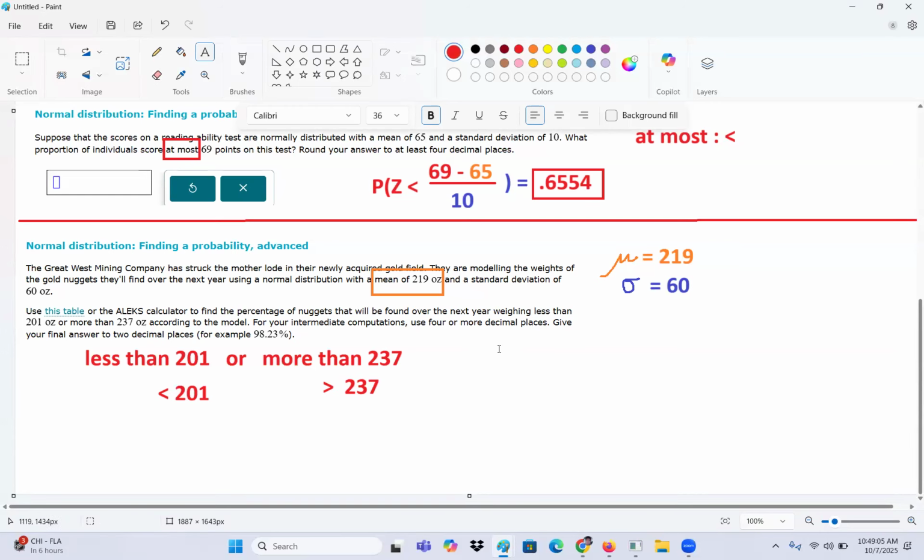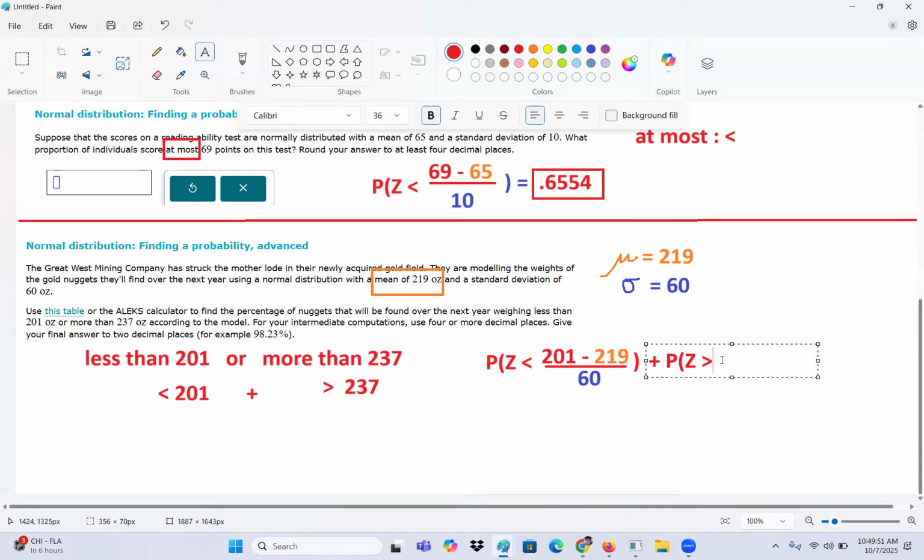So all we have to do is simply rewrite it as P of Z less than (201 minus 219) over 60. And then for the more than, we add the P of Z greater than.